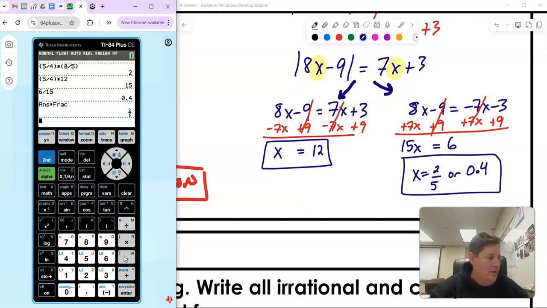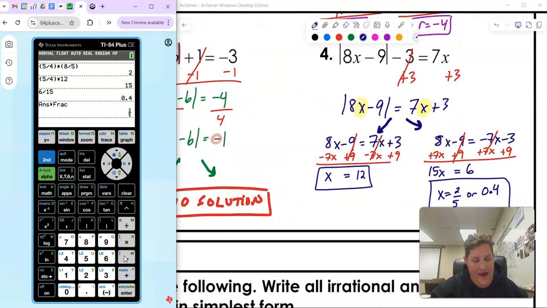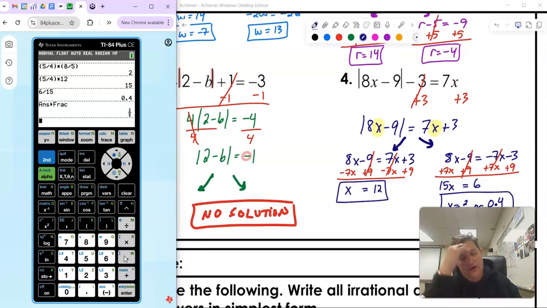Okay, now this is the ones where we have to check. Let me show you guys how to check. You can go ahead and check it into the one before you split it off into 2 parts. Alright? So let me check the 12 first. Alright, and I'll just put my check over here. Okay, so let me see if the 12 works. So I'm plugging in 12 there and there.